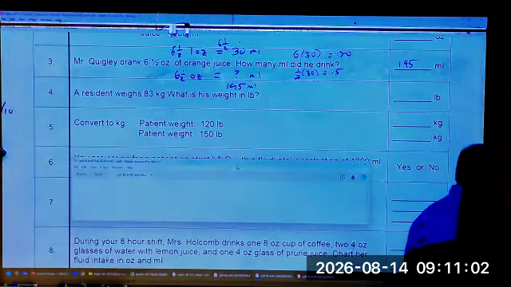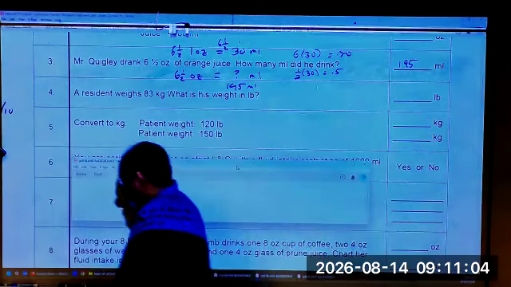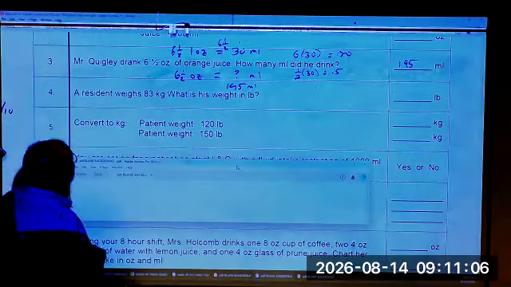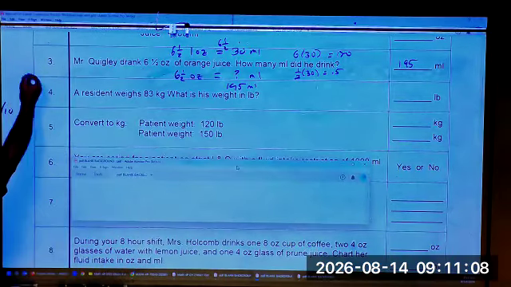And for weight, 1 kilogram is the equivalent of 2.2 pounds.